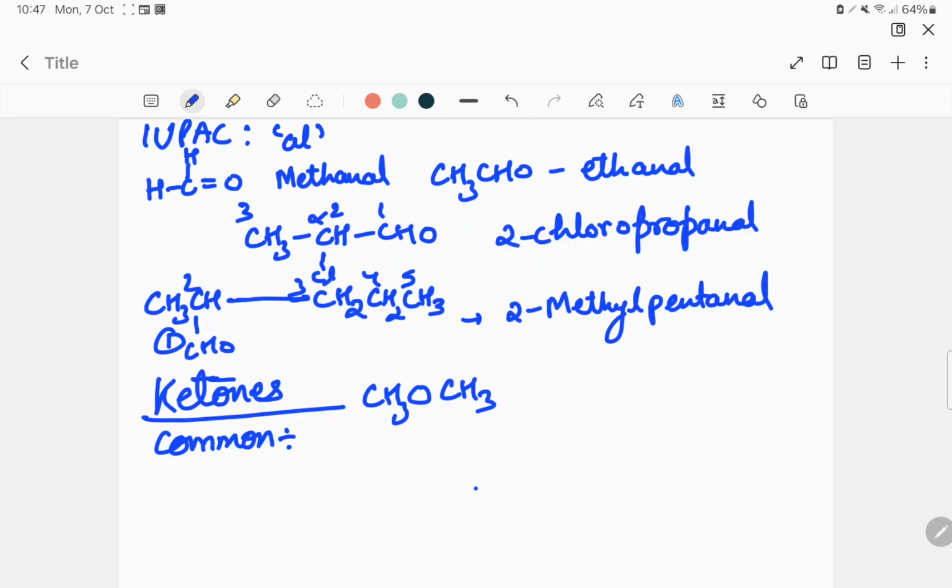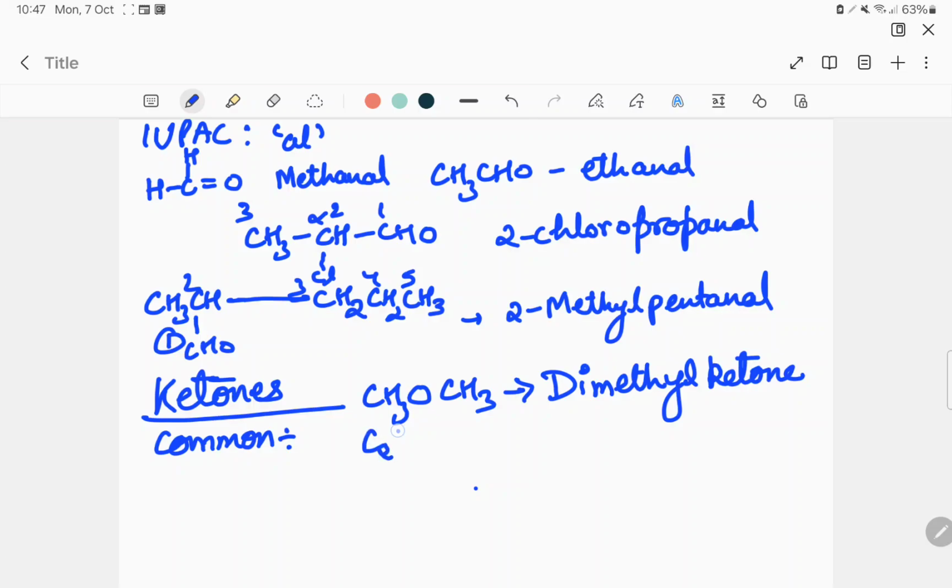If both the alkyl groups are the same, they are known as symmetrical ketone or simple ketone. If we go through the common system of nomenclature, two methyl groups are present. It can be named as dimethyl ketone. This is the common system of naming the ketone.